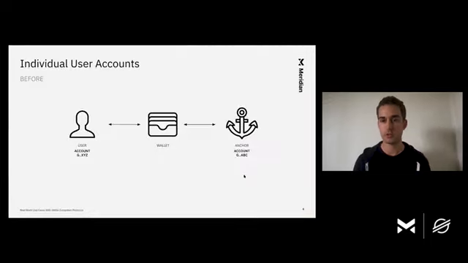So when we first created SEP 24, or the deposit and withdraw specification, the architecture that we had envisioned was very simple, and it looked a lot like this. We had a user who owned a single Stellar account, and we had an anchor at the other end that also had a Stellar account. And the idea was that if I was trying to facilitate a withdrawal, as I explained earlier, I would send my USDC to the anchor from my Stellar account to theirs.